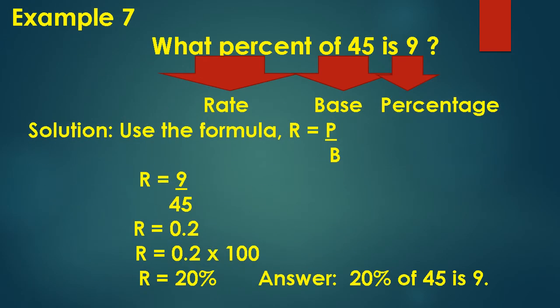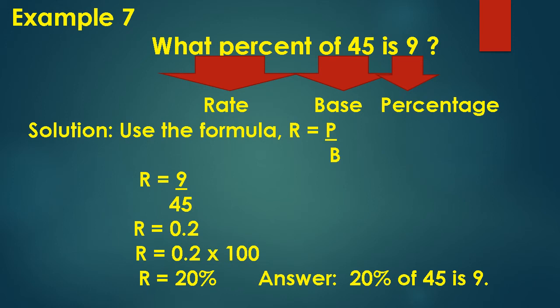Example number 7. What percent of 45 is 9? What percent is the rate. Of 45 is the base and 9 is the percentage. Solution. Use the formula rate is equal to P over B. Rate is equal to 9 over 45.